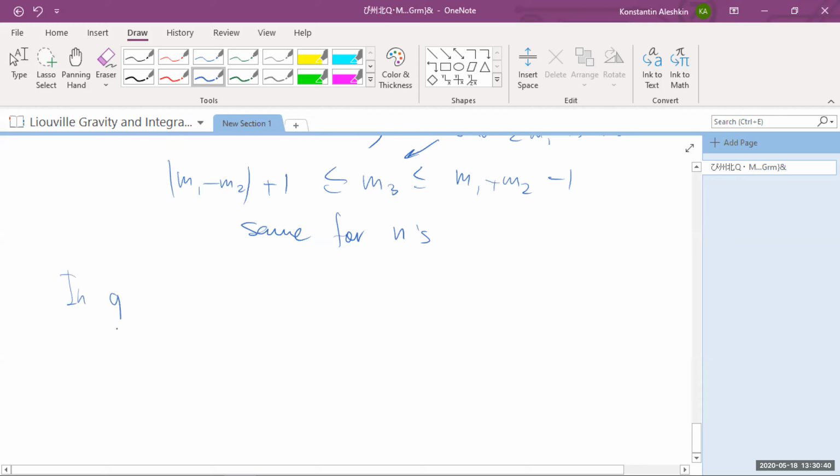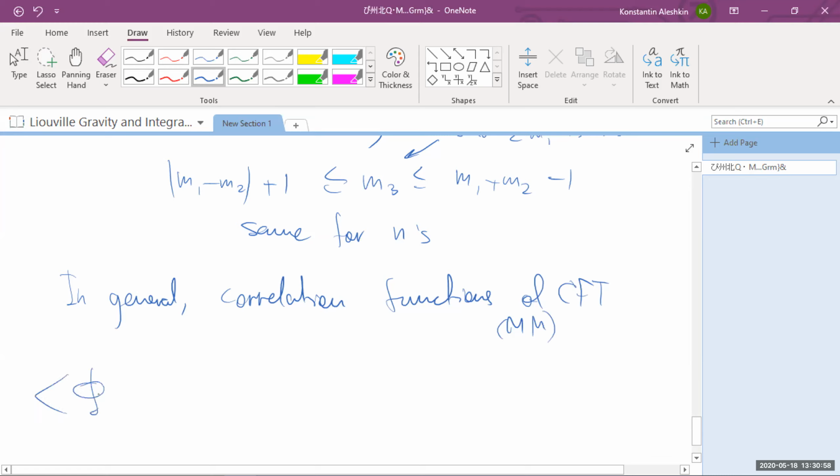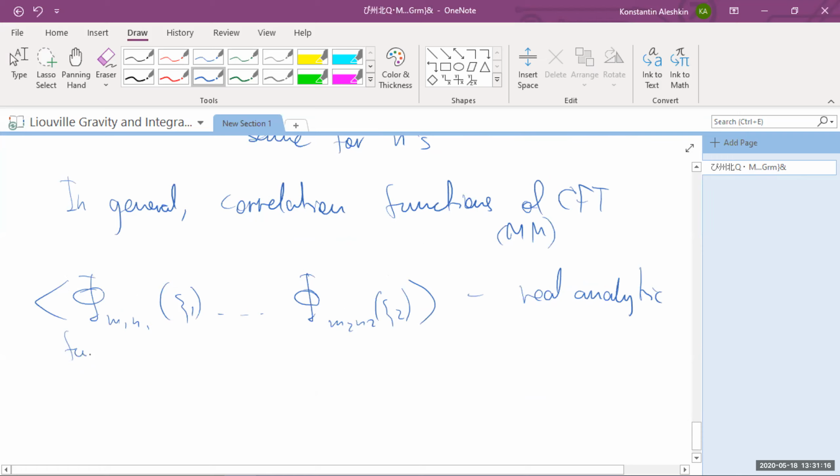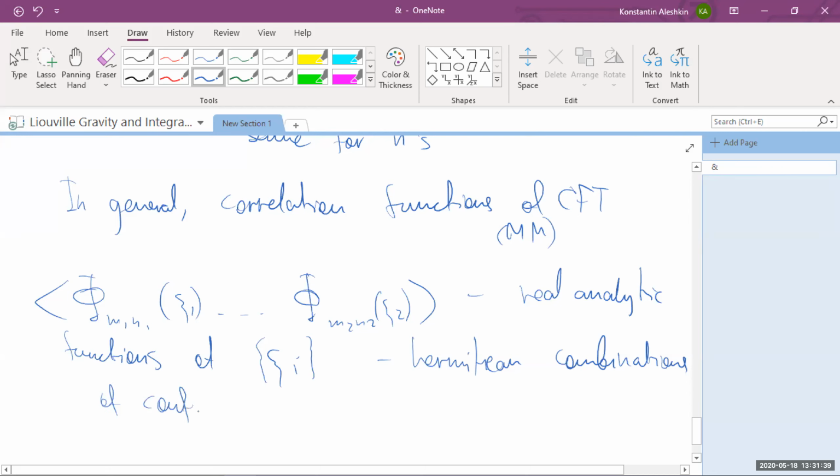So in general, correlation functions of a CFT, the minimal model, let's write something like this: phi m1 and 1, zeta 1, phi m2 and 2, zeta 2, is some real analytic function of the zeta i's, which are basically Hermitian combinations of conformal blocks and structure constants.